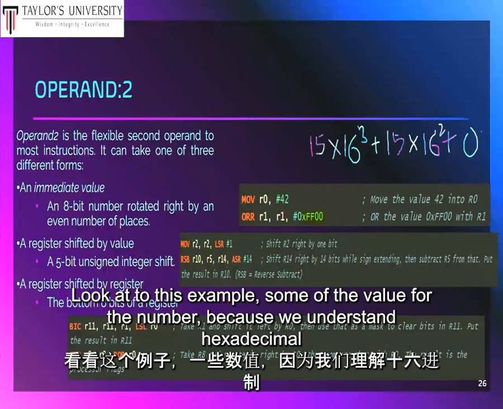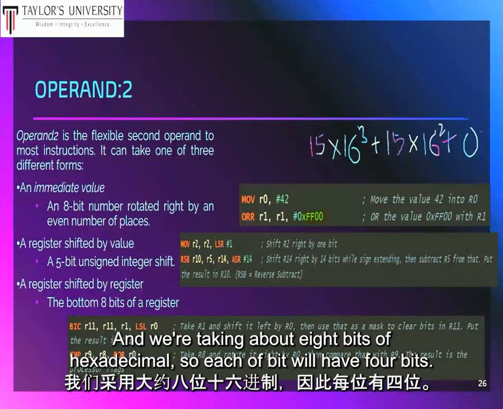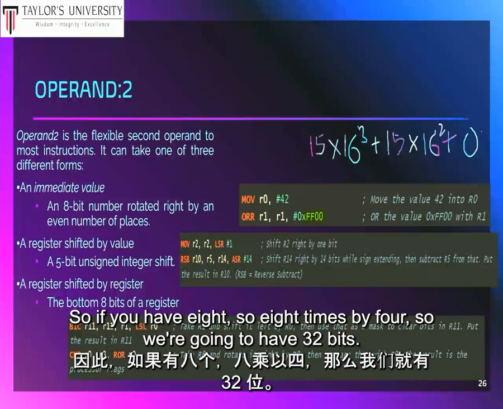We understand hexadecimal is used to represent large numbers, and we're talking about 8 hexadecimal digits. Each digit has 4 bits, so 8 times 4 gives us 32 bits.